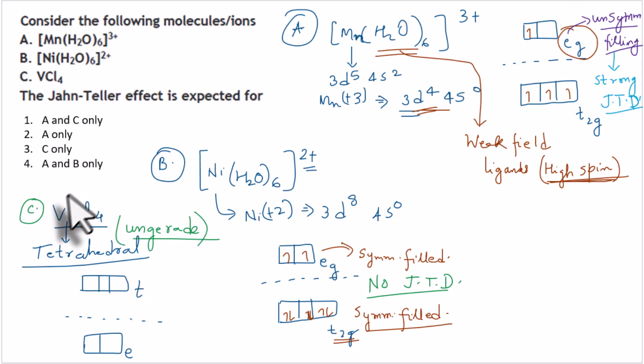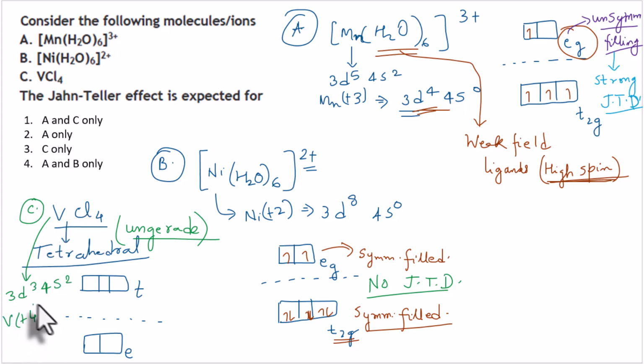Now the vanadium ground state electronic configuration is 3d3 4s2. Here we have 4 chloro ligands, and each chloro ligand has a -1 charge. So that means vanadium has a +4 charge.